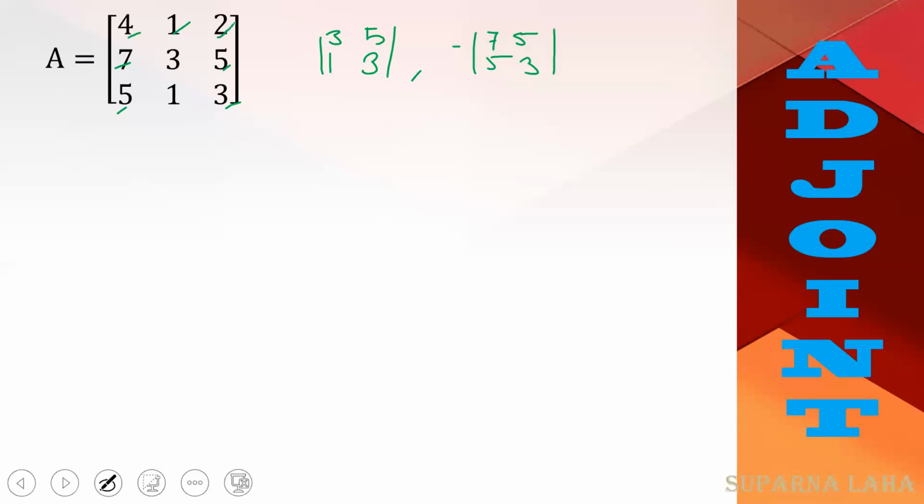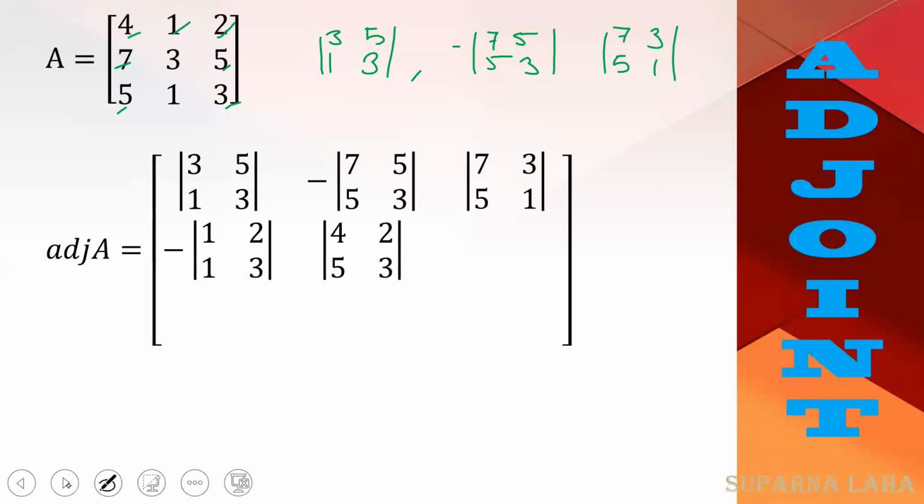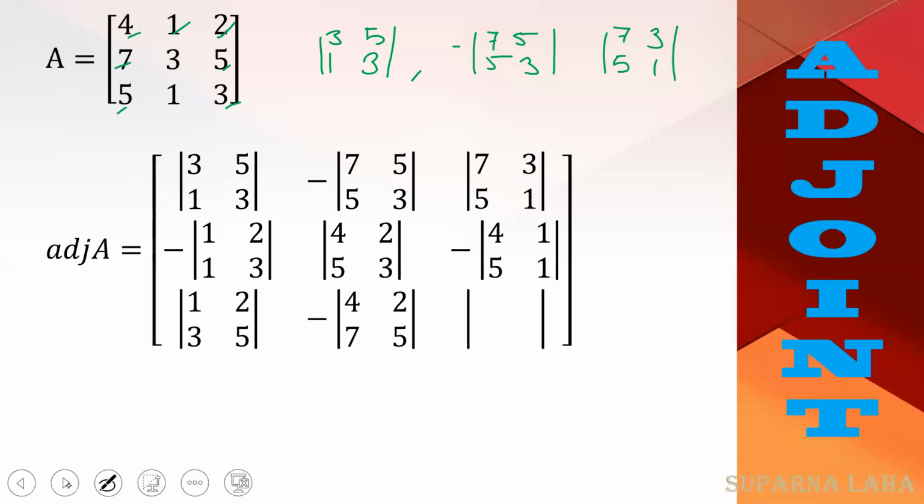Now for this 2, the cofactor is 7, 3, 5, 1. Similarly, write down all the cofactors for each and every element. These are the cofactors according to each element, and now take its transpose. That will be your adjoint matrix.